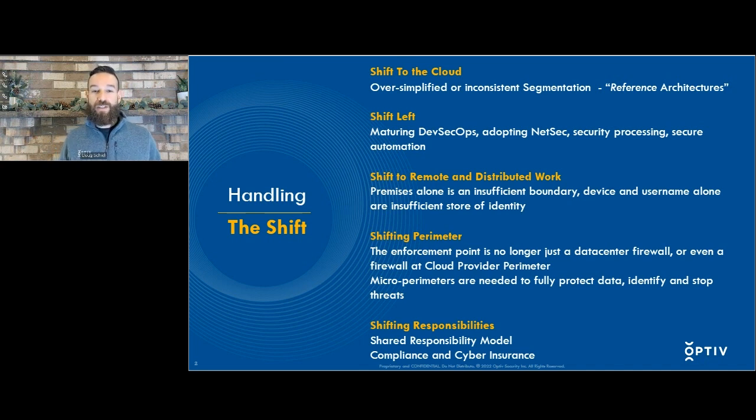But when we're shifting to the cloud, we're following best practice reference architectures provided by the cloud providers, which often aren't very well informed about how to do microsegmentation or how to isolate those hosts. And in fact, traditional networking in some ways kind of breaks down when you get into those cloud provider environments because of the way that they are designed in terms of providing the 5 nines of reliability to the rest of the customers in their environment.